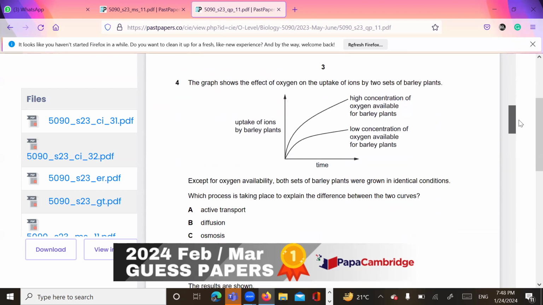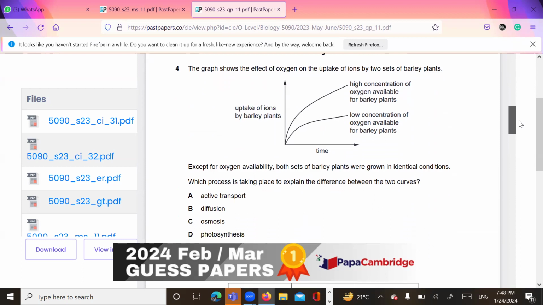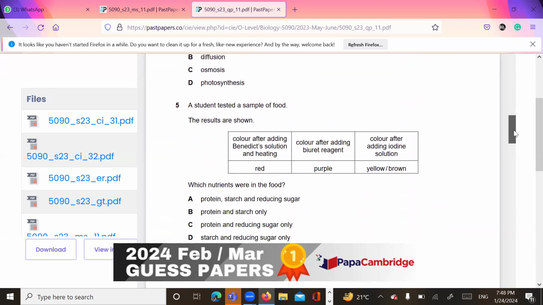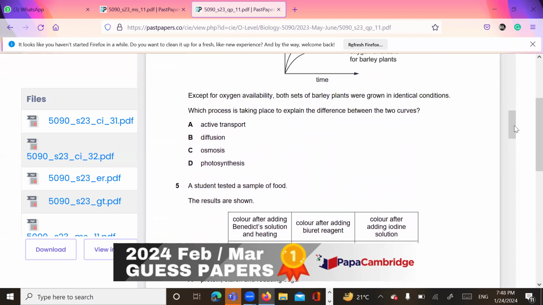Now the graph shows the effect of oxygen on the uptake of ions by two sets of barley plants. Except for oxygen availability, both sets of barley plants were grown in identical conditions. Which process is taking place to explain the difference between the two curves? Active transport, diffusion, osmosis, or photosynthesis.